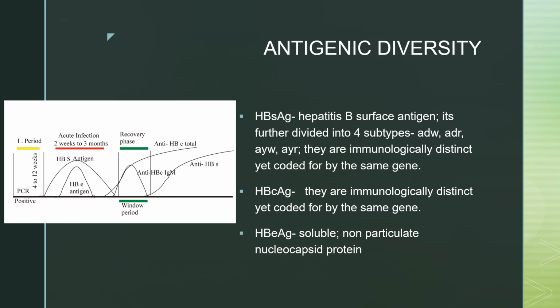These are immunologically very distinct, yet they are sometimes coded by the same gene. HBcAg is also immunologically distinct, yet coded by the same gene. And HBeAg is soluble, a non-particulate nucleocapsid protein.